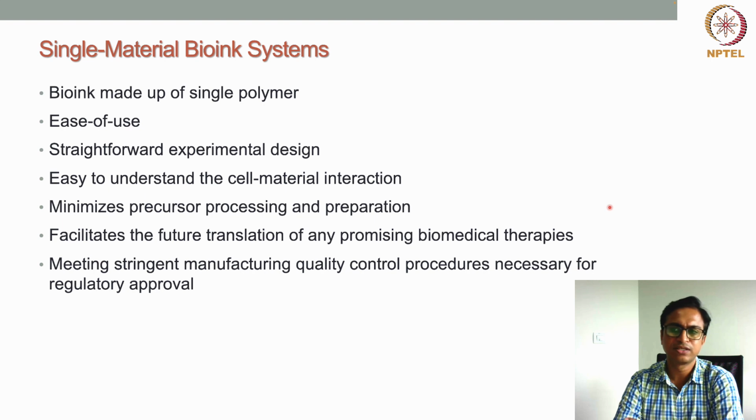It can be dissolved in water, buffer or media, and then that polymer solution or hydrogel can be used as a bioink. So that is called a single material bioink system.